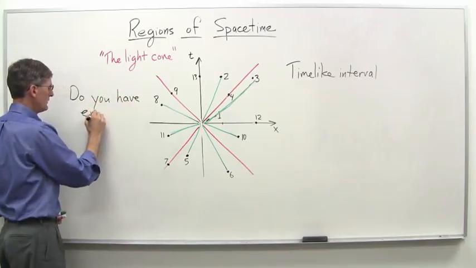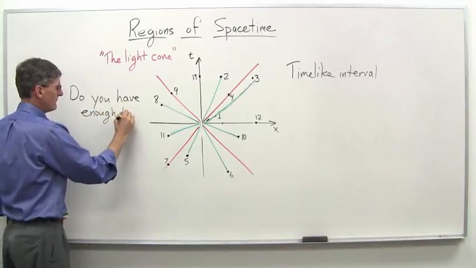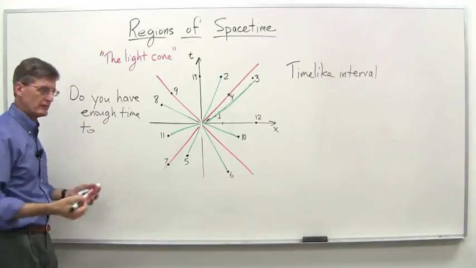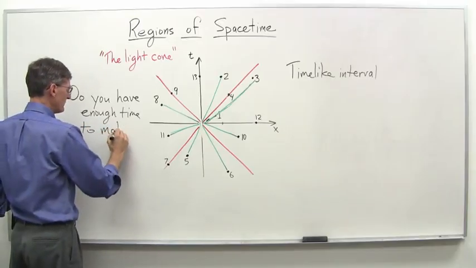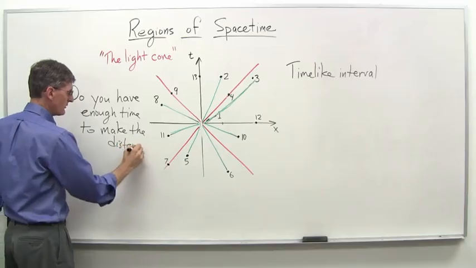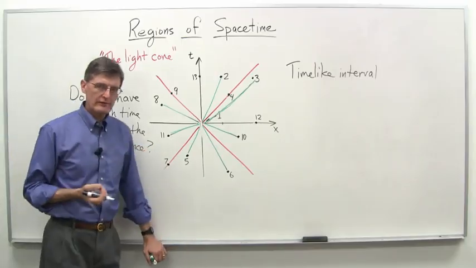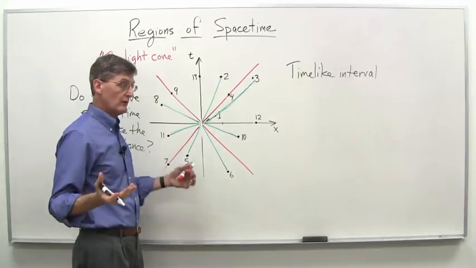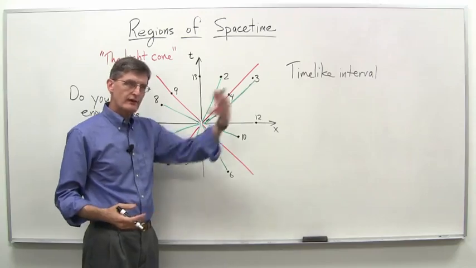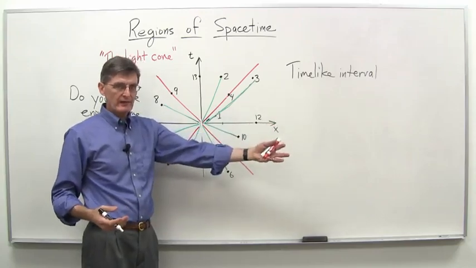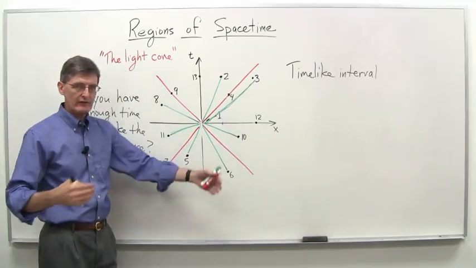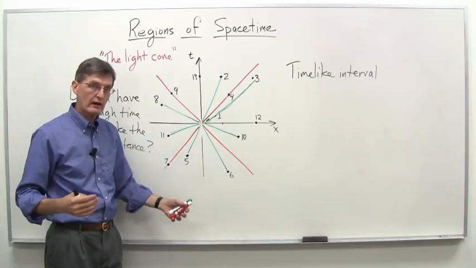And really the key question here is, we'll write it as, do you have enough time to, you could say, really just to make the distance. Let's put it like that. And this should be a little intuitive if you think about it, because in our everyday lives we think about this a lot, perhaps. If you drive a car, or even if you're taking a bus or a train or something, you think, I have to travel a certain distance, and I have a certain amount of time to do it, and do I have enough time to get there, given the distance and the speed that I can go?